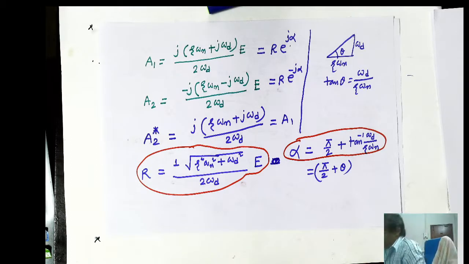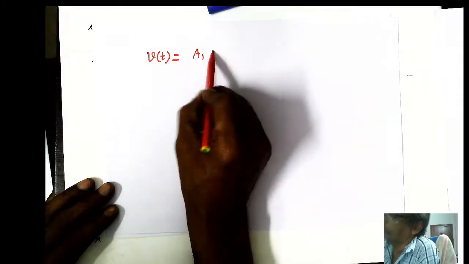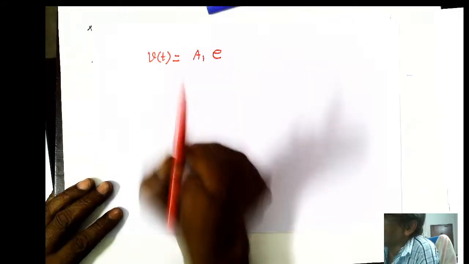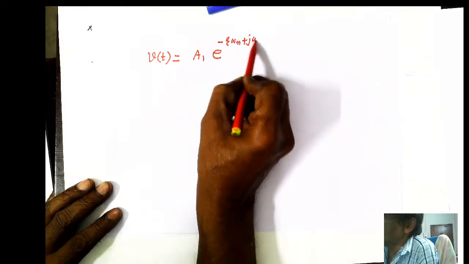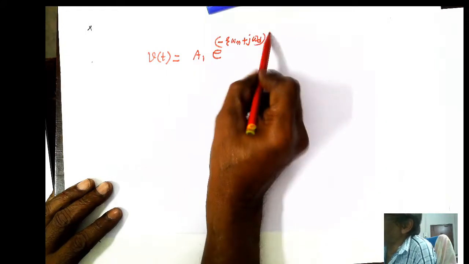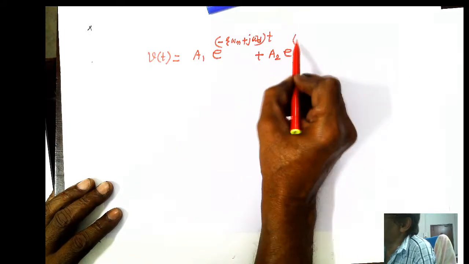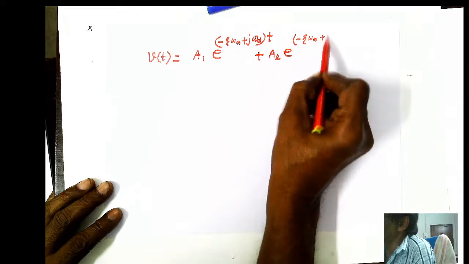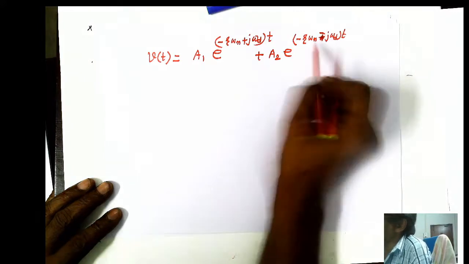After you have got this, I will say that my solution for Vt, I am now going to write Vt, is equal to, I know A1, let me write that previous thing, e to the power minus zeta omega n plus j omega d into t plus A2 e to the power minus zeta omega n minus j omega d into t, and this will be the complex conjugate roots, and plus e.